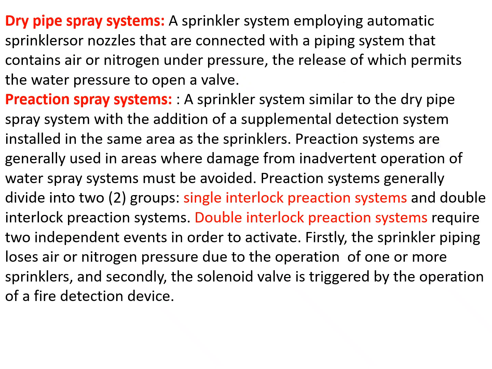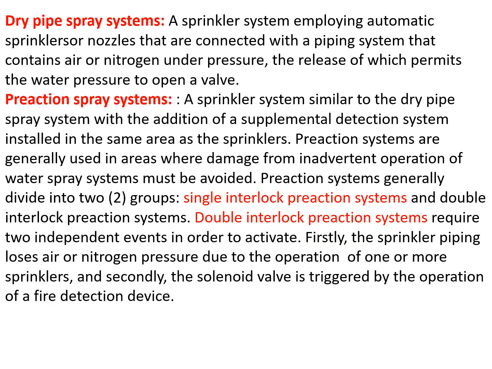Now we'll learn about the other three systems. A dry pipe spray system is a system employing automatic sprinkler nozzles that are connected to a piping system that contains air or nitrogen under pressure, the release of which permits water pressure to open a valve.